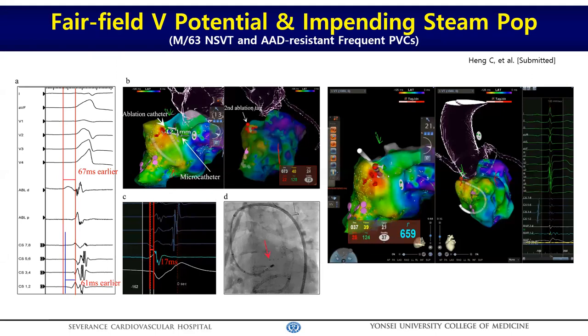We saw a 61 millisecond early activation site in the microcatheter, and the far field was 67 milliseconds earlier than QRS onset at the corresponding endocardial side. We have to keep in mind to focus on the local far field signal rather than the near field signal when you map intramural ventricular arrhythmia.